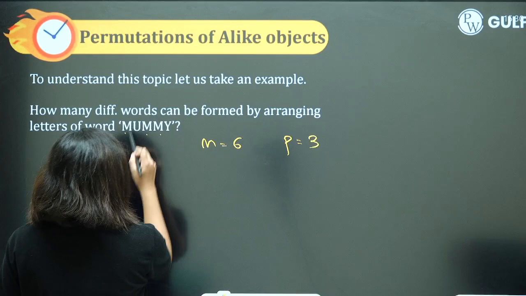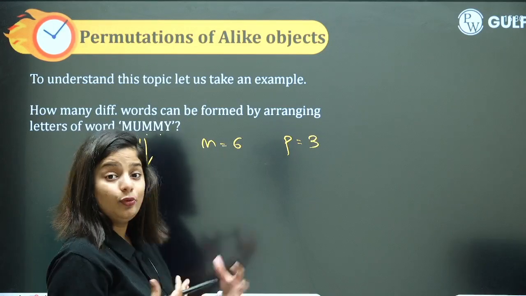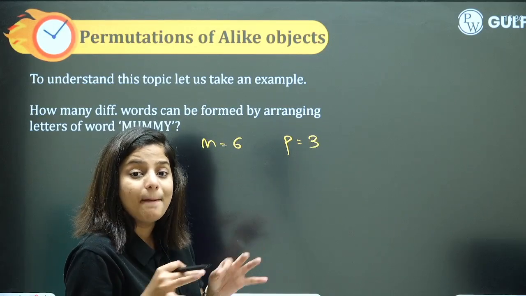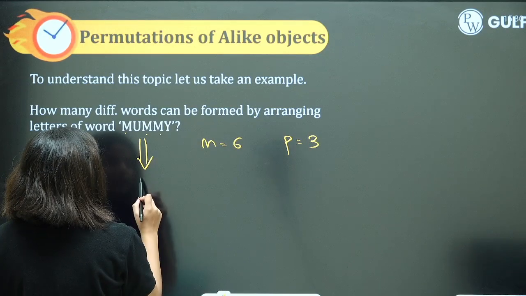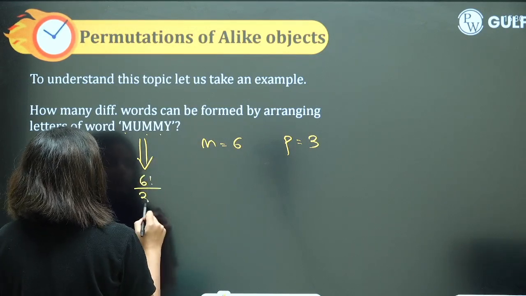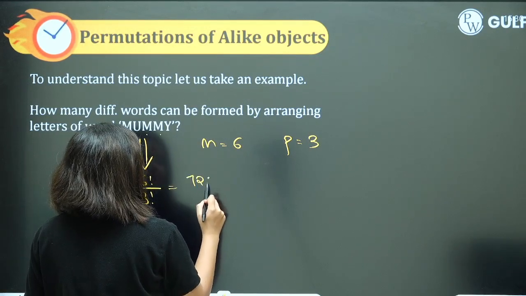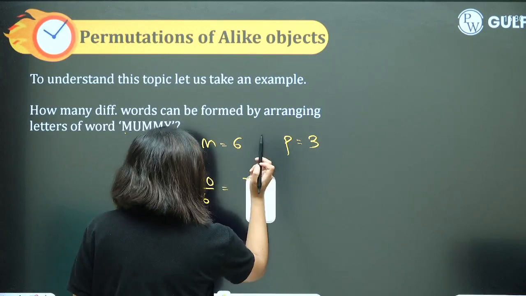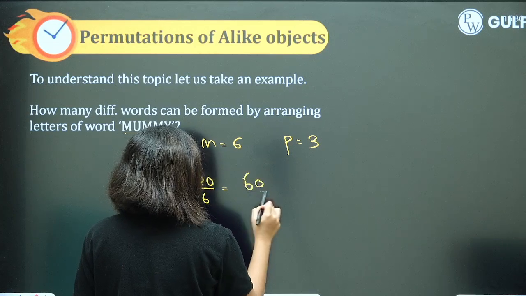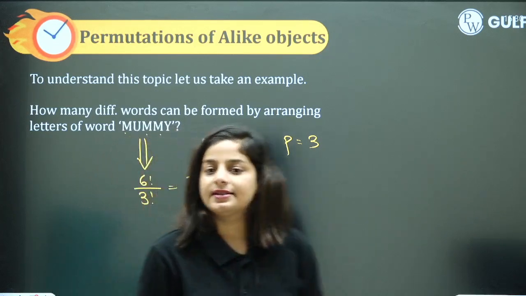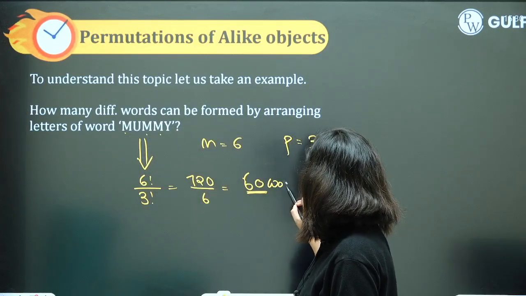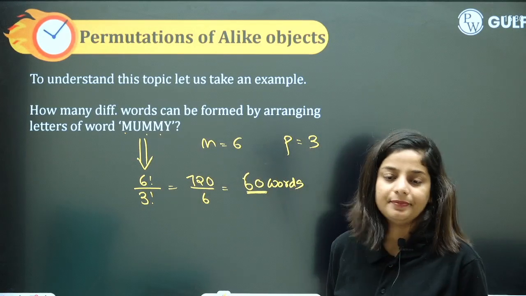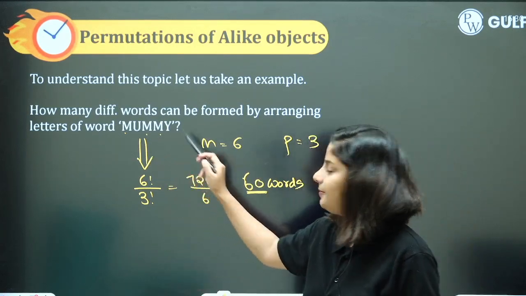In how many ways can you arrange them, or how many words can be formed by arranging the letters of the word mummy? 6 factorial upon 3 factorial. That's 720 by 6, which is 120. 120 words can be formed by arranging the letters of the word mummy, because these M, M, M are the same.